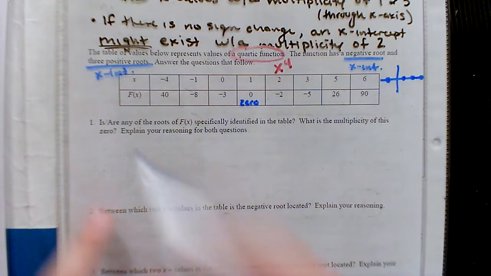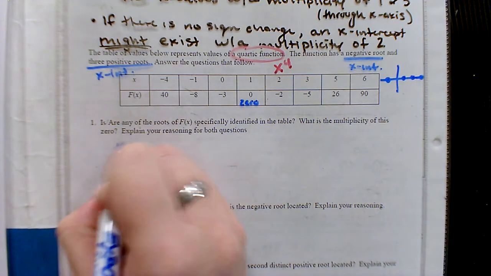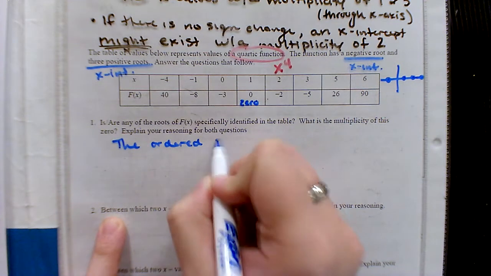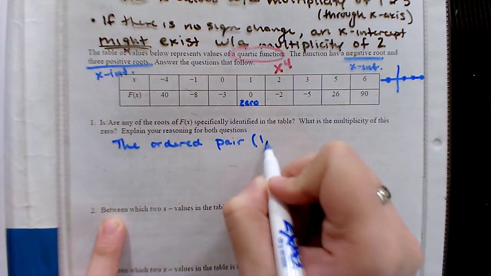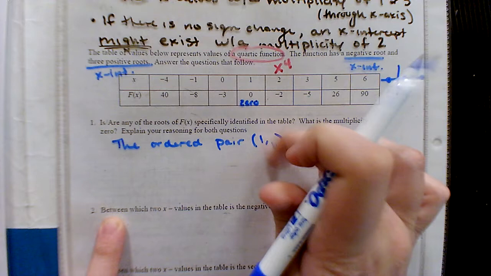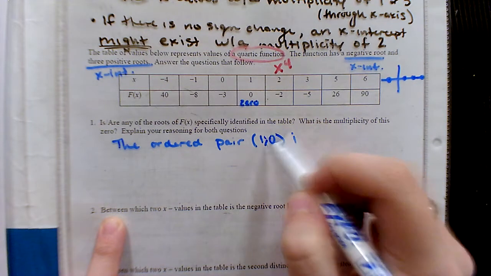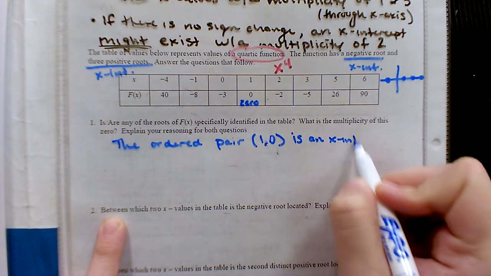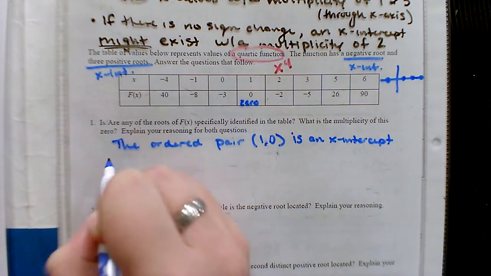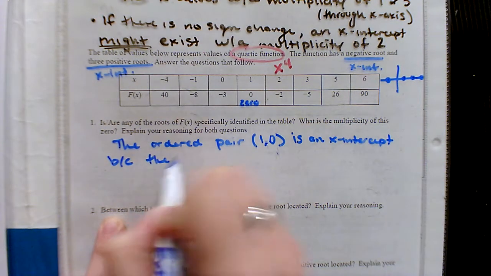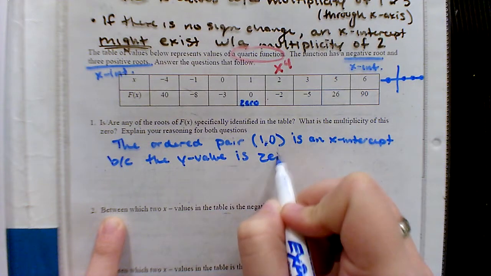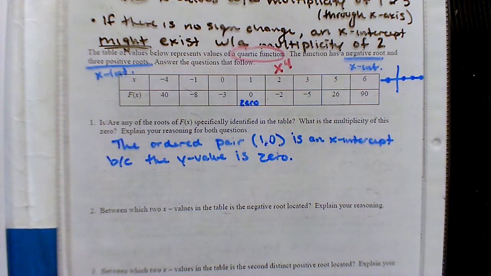You have a height of 0. So we'll say the ordered pair (1, 0) is an x-intercept because the y value is 0. Perfect.